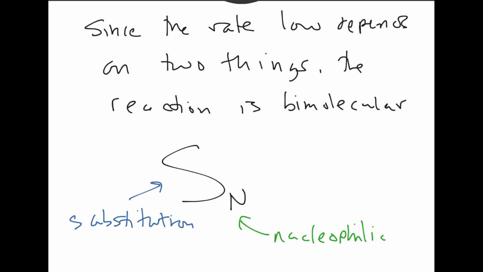The N is for nucleophilic, right? Because it's a substitution that requires a nucleophile. And the 2 is because the transition state for the rate determining step is bimolecular. It has 2 molecules in the transition state.